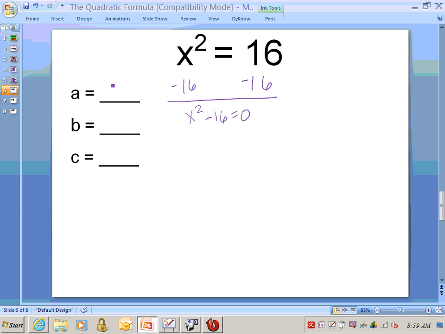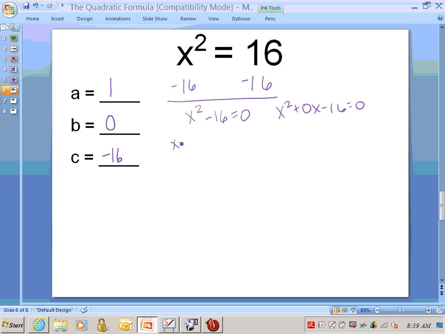So what was my A value? What was my B value? 0. Good. And what's my C value? Good, because we could rewrite this as x squared plus 0x minus 16 equals 0, right? So if you're missing one, it's got to be 0.